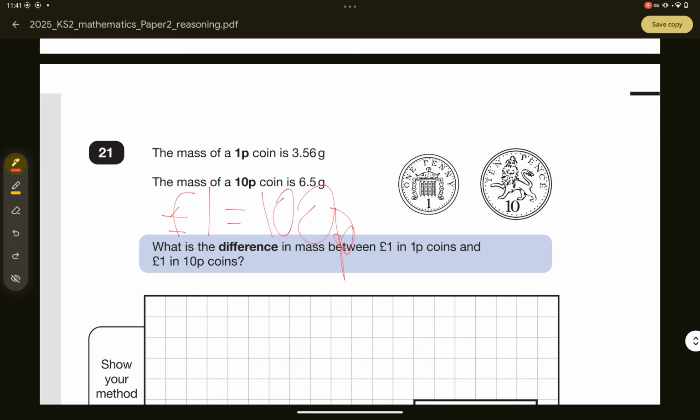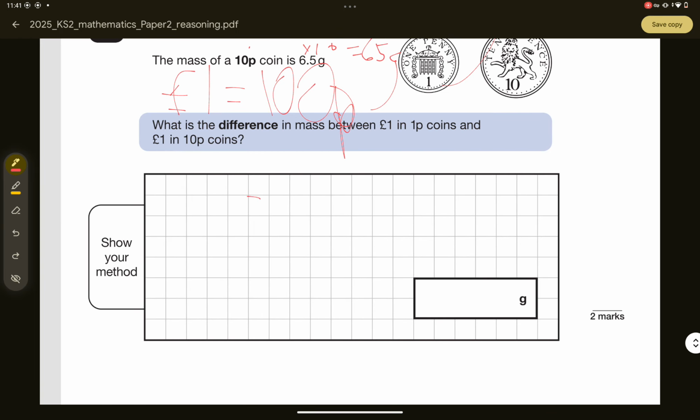So 100 divided by 10 equals 10, times this by 10, which equals 65 grams, and times this 3.56 times 100 equals 356 grams. So 356 minus 65 equals 291.